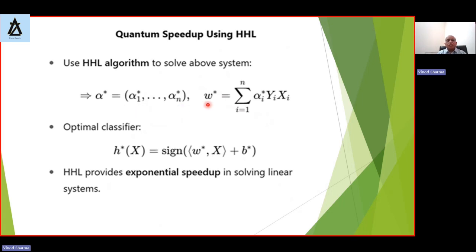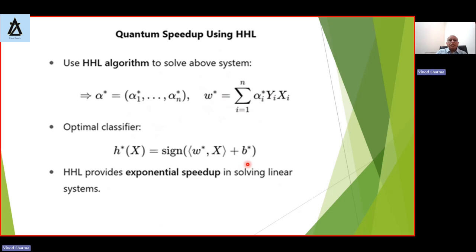From alpha star, we can get the optimal W star given by this equation. Once you obtain W star and B star, then the optimal classifier obtained from this is H star of X equal to sign of inner product of W star, X plus B star.